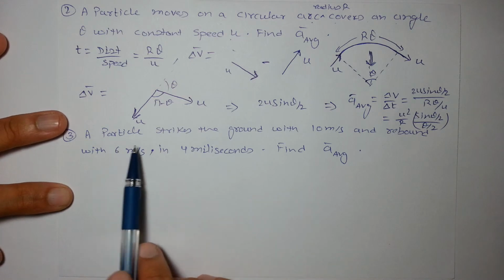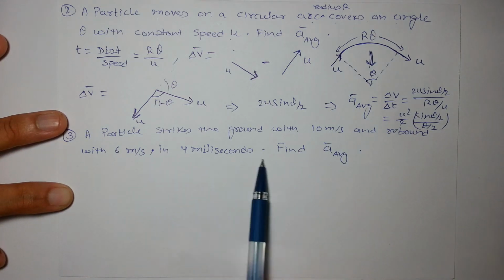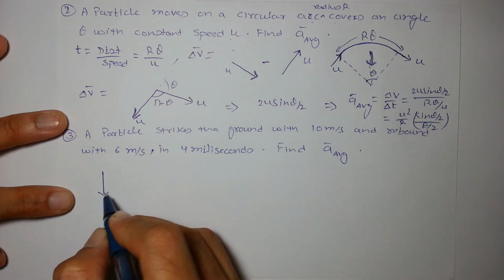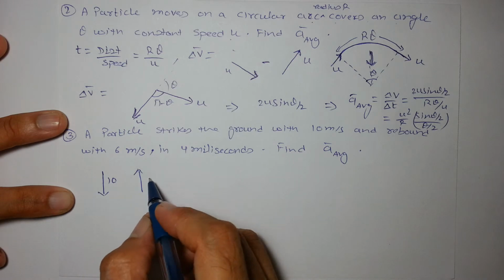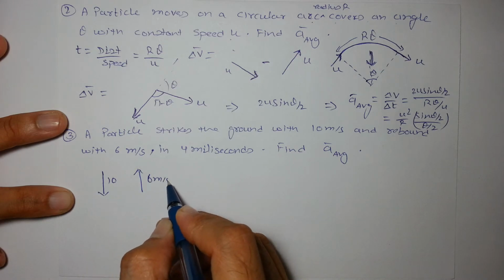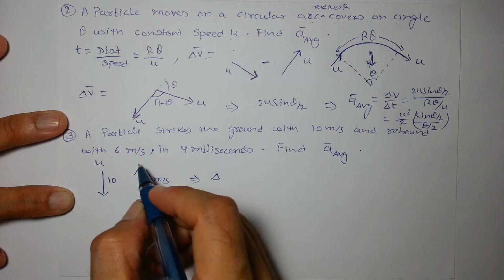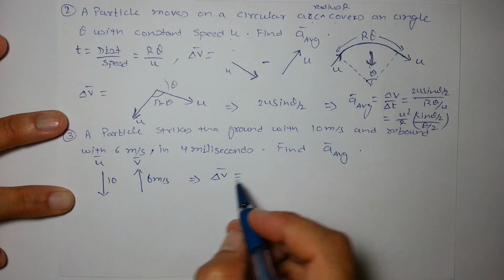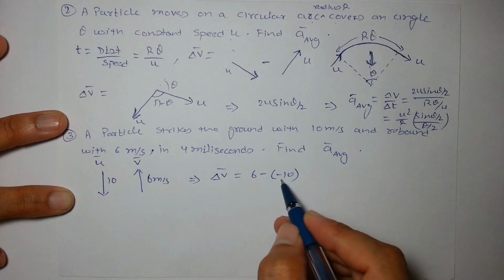In the next part, a particle strikes the ground with 10 meter per second and rebounds with 6 meter per second in 4 milliseconds. Find the average acceleration. Initial velocity is 10 downwards and final velocity is 6 upward. First of all, calculate delta v, which is v minus u: 6 minus, minus 10. Why minus 10?